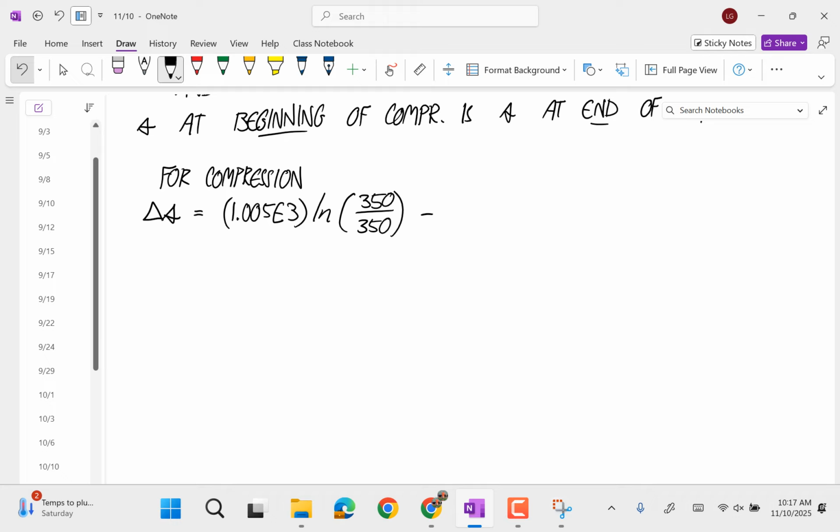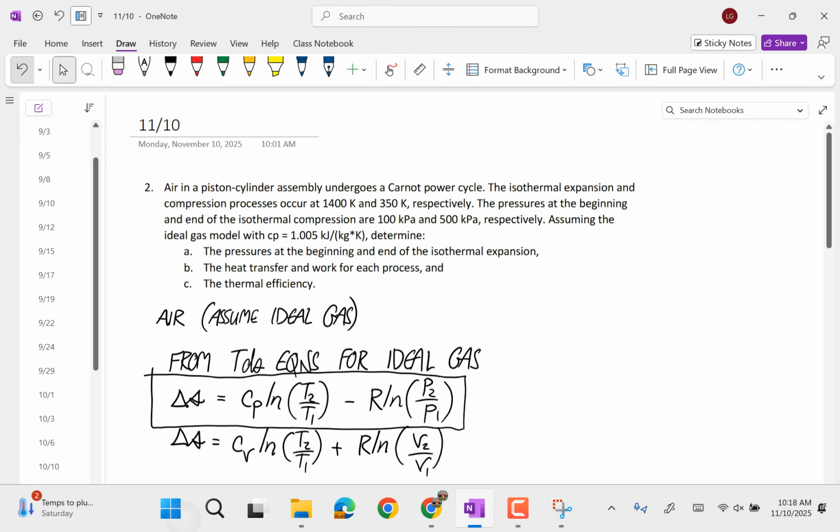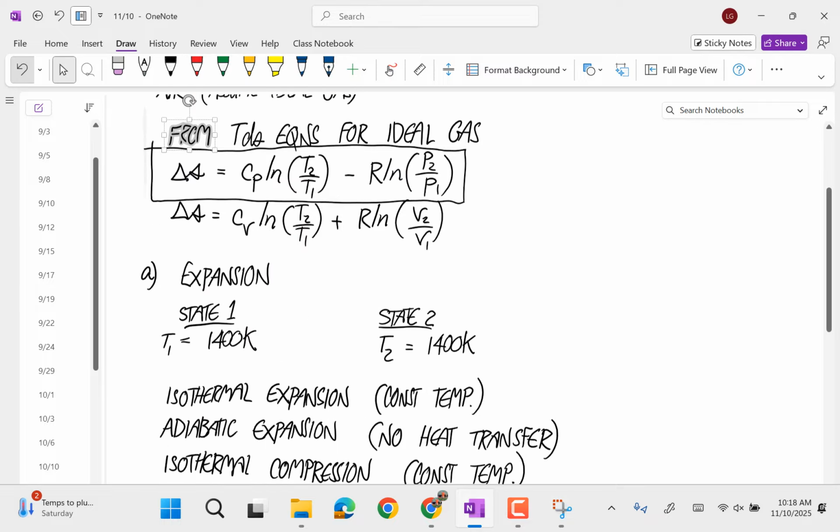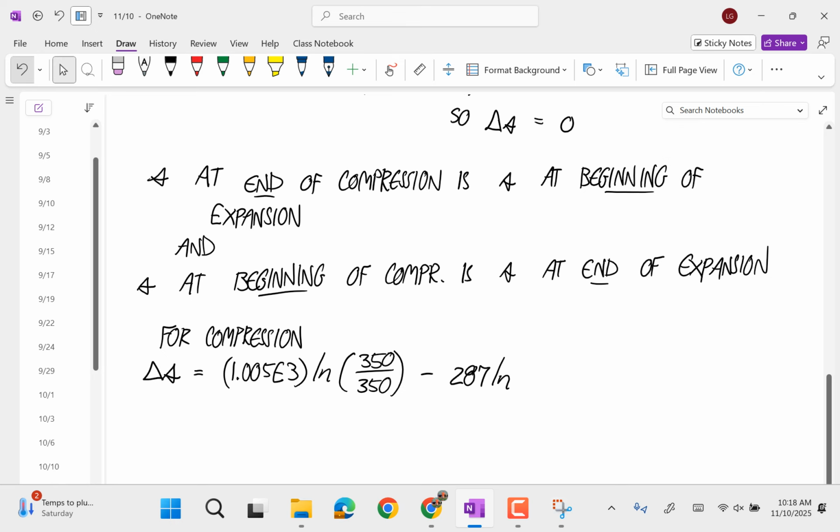And then minus the R value for air times the natural log of P2 over P1. That's 500 over 100. I think that was kilopascals, but it doesn't matter since this is just a ratio.